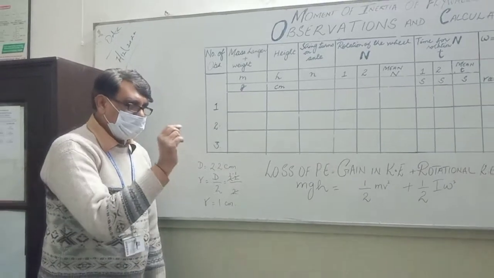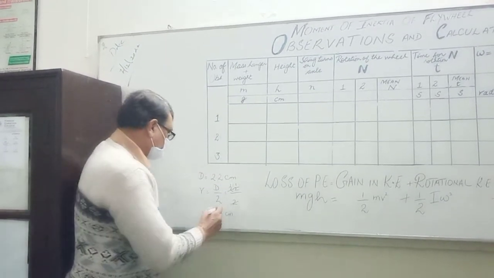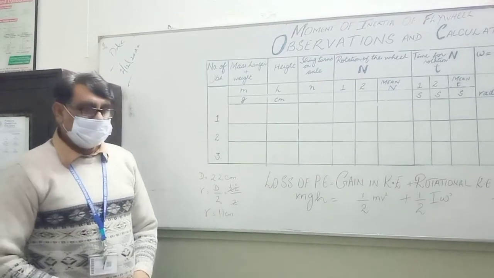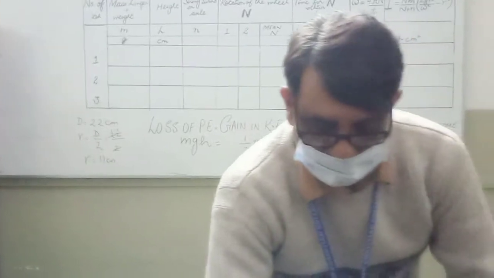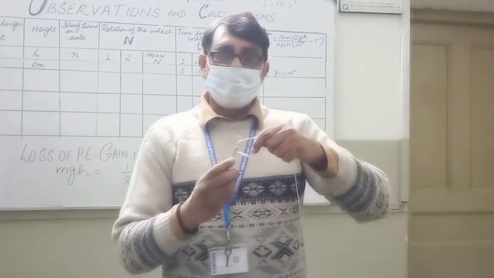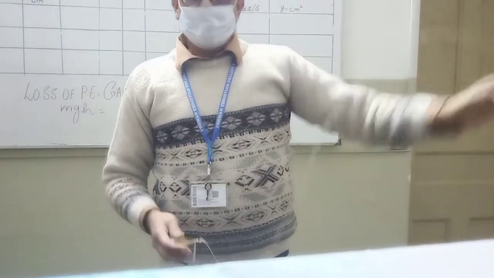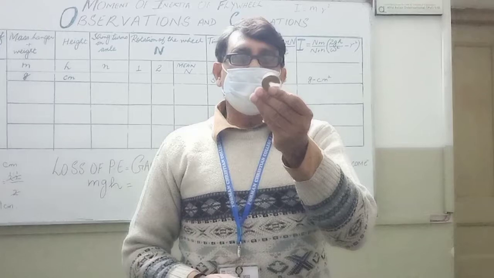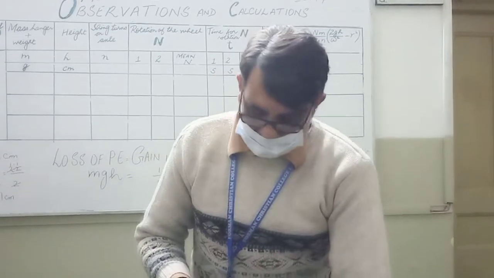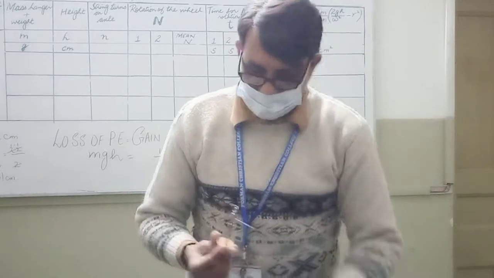So after finding the diameter of the axle, we are going to take the slotted weights with the thread. Each weight is 50 grams. I'll show you.